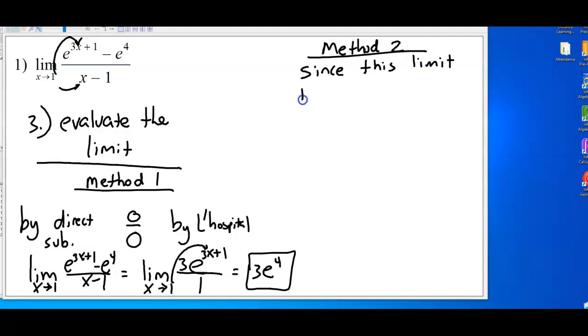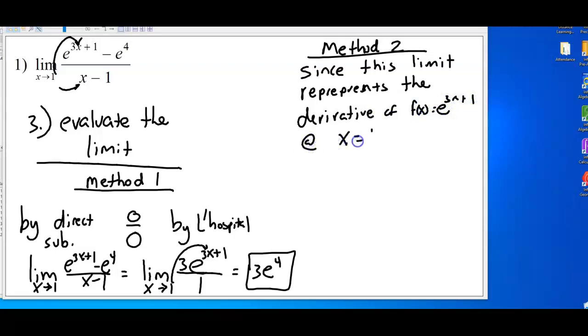So since this limit represents the derivative of the function e to the 3x plus 1 at x equals 1, we can just use our shortcut that we learned in Unit 1. So how does that work?